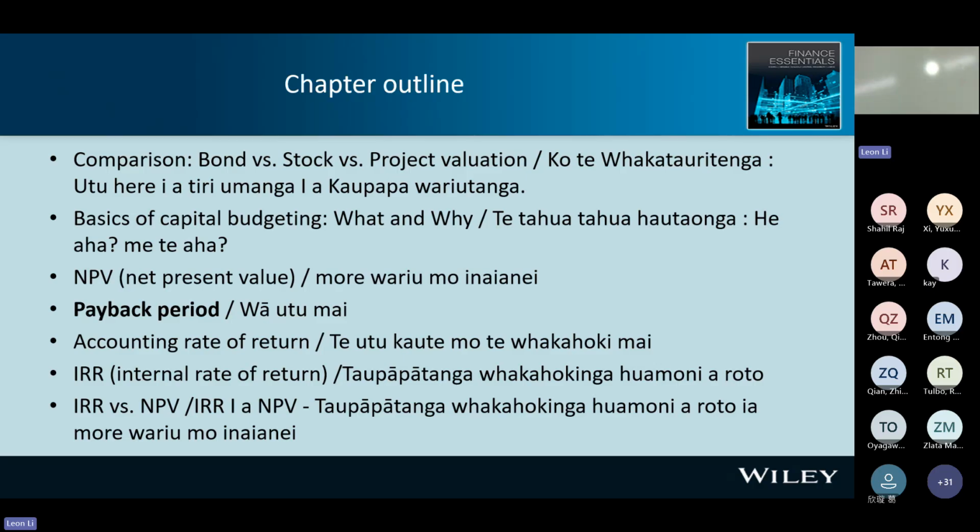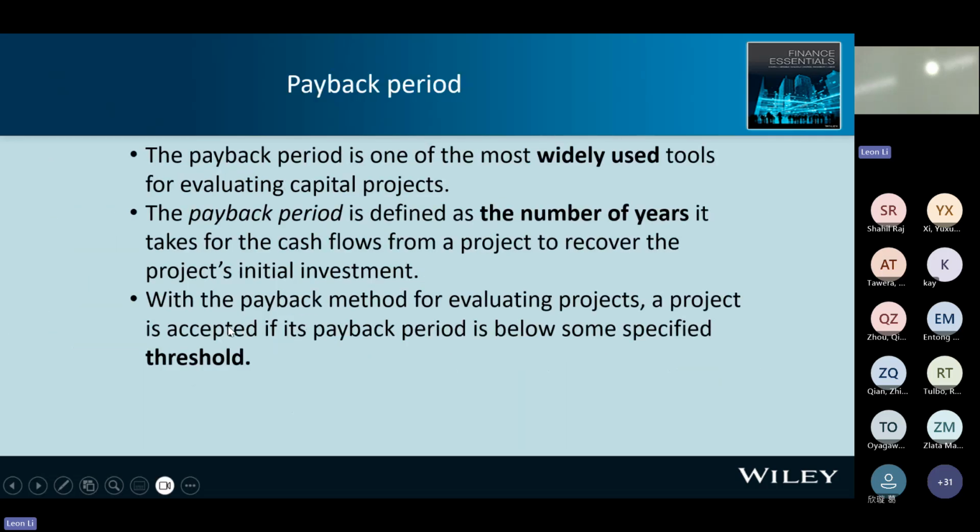Now go to our focus, other methods. Our first alternative method is payback period. Let's follow my slide. Payback period is one of the most widely used tools for evaluating capital projects.